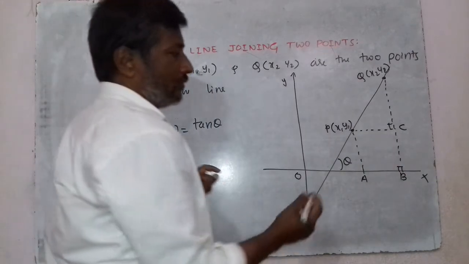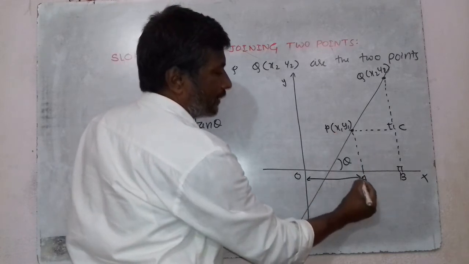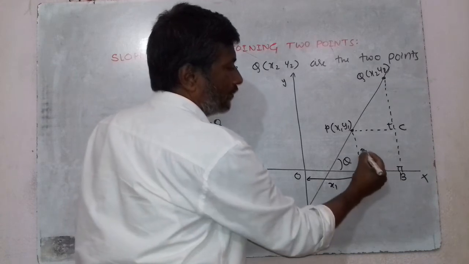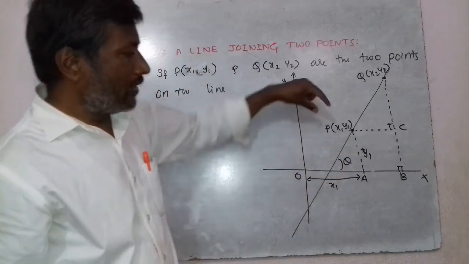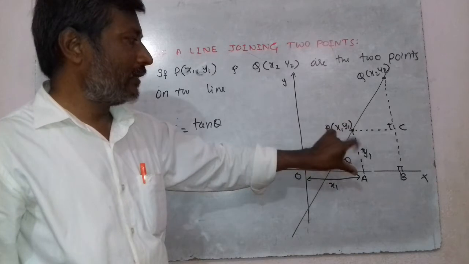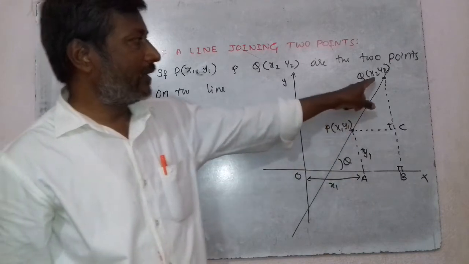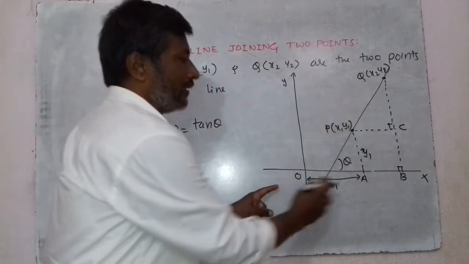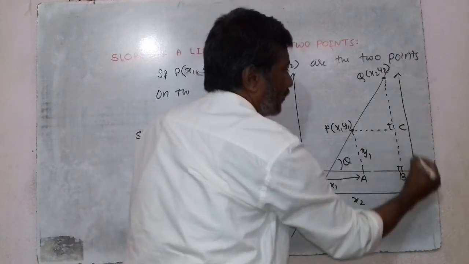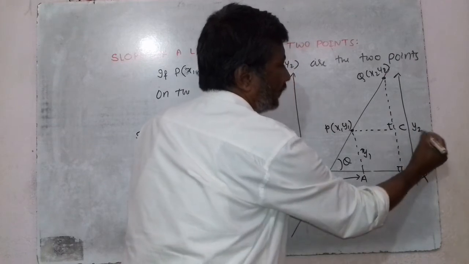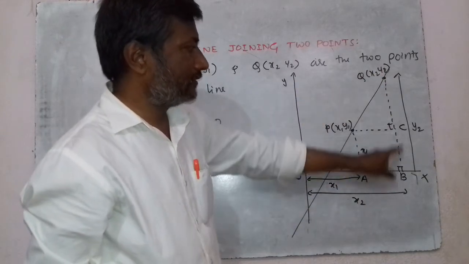The point (x1, y1) means the horizontal distance is x1 and the vertical length is y1. Similarly, for the second point the horizontal distance is x2 and the vertical distance is y2.